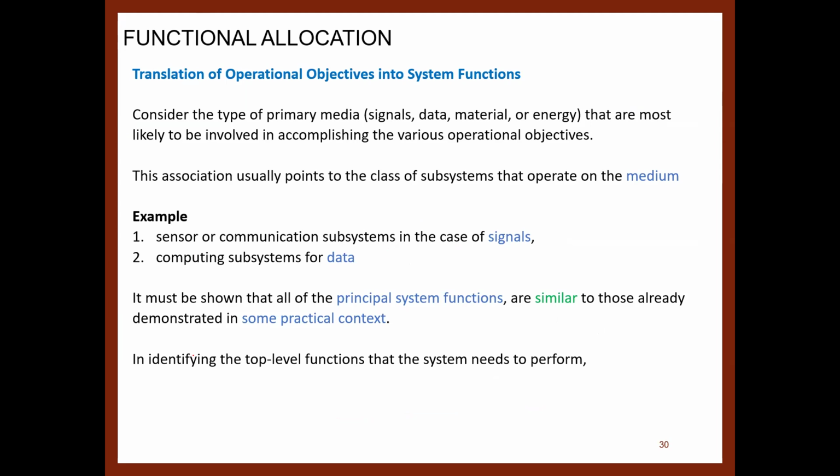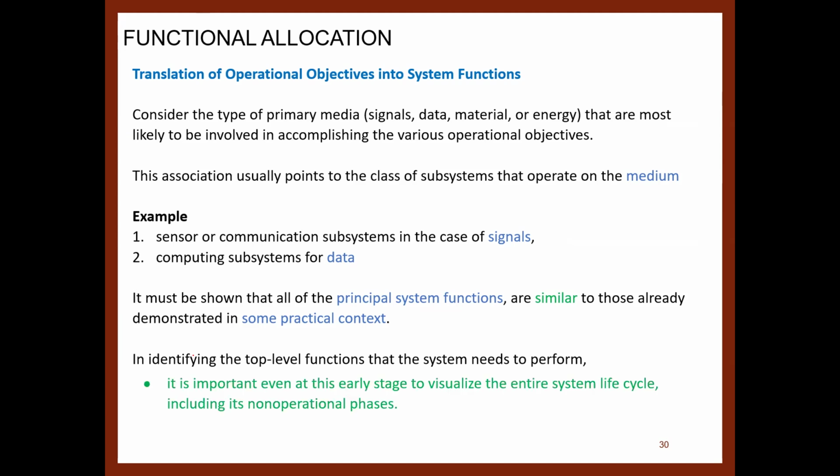So for example, sensor or communication subsystems in the case of signals, computing subsystems in the case of data. It must be shown that all of the principal system functions are similar to those already demonstrated in some practical context. In identifying the top level functions that the system needs to be performing, it's important even at this early stage to visualize the entire system life cycle, including its non-operational phases.